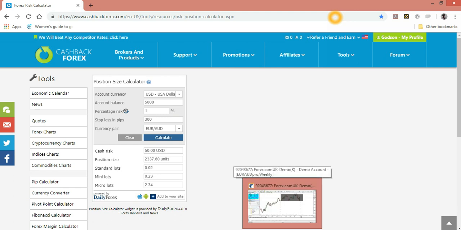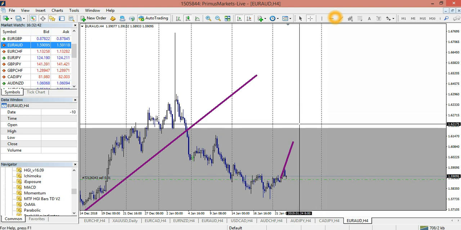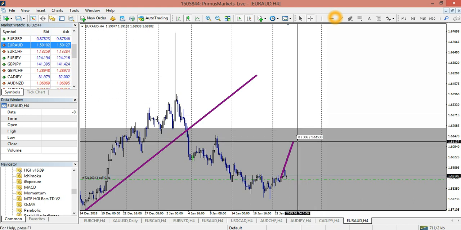If I get a better entry, let's say the market goes up higher, to about here, and then I get to enter at this price point, then my stop will only need to be, let's say, 100 pips.